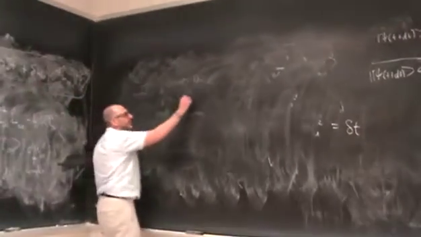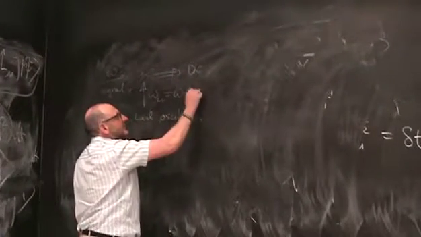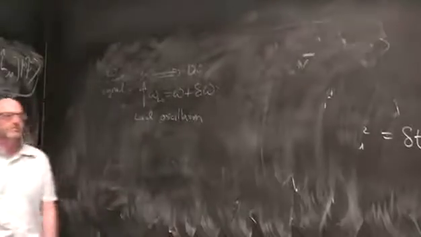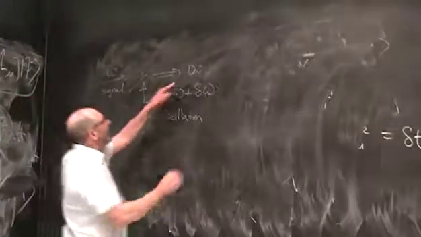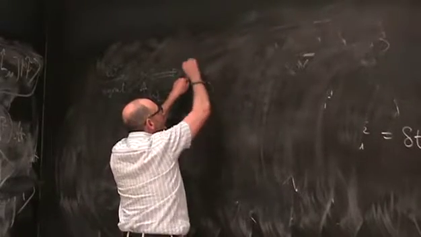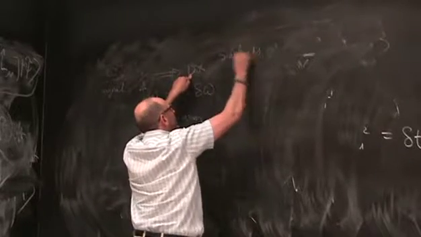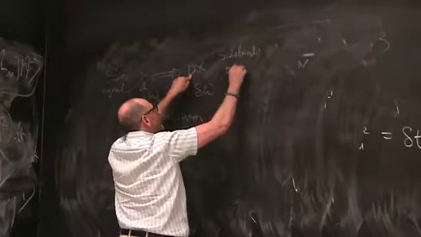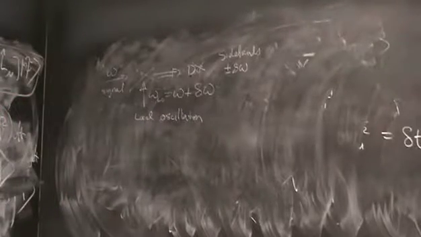However, suppose that this is equal to something plus some delta omega, some detuning. Well, then you're going to get beat notes. Instead of DC, you're going to get what are called sidebands at the beat note frequencies, plus or minus the difference frequency.